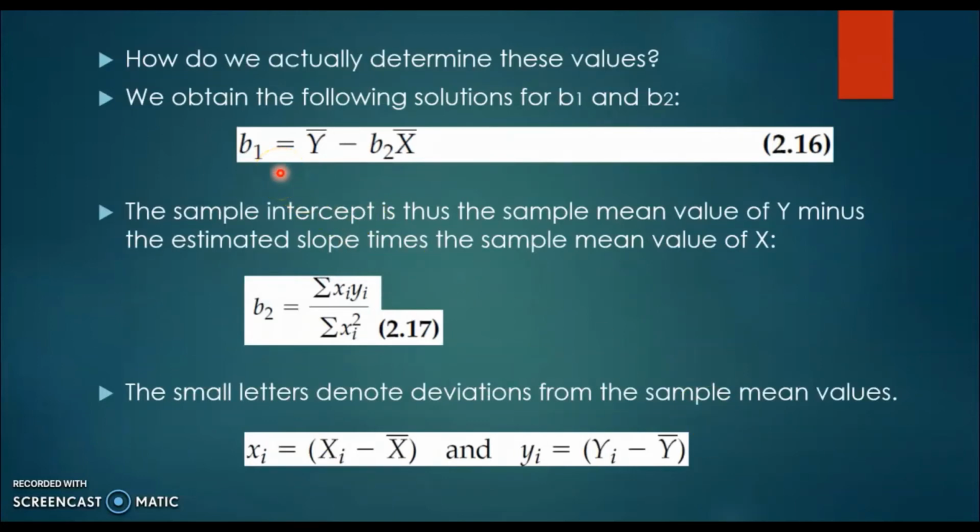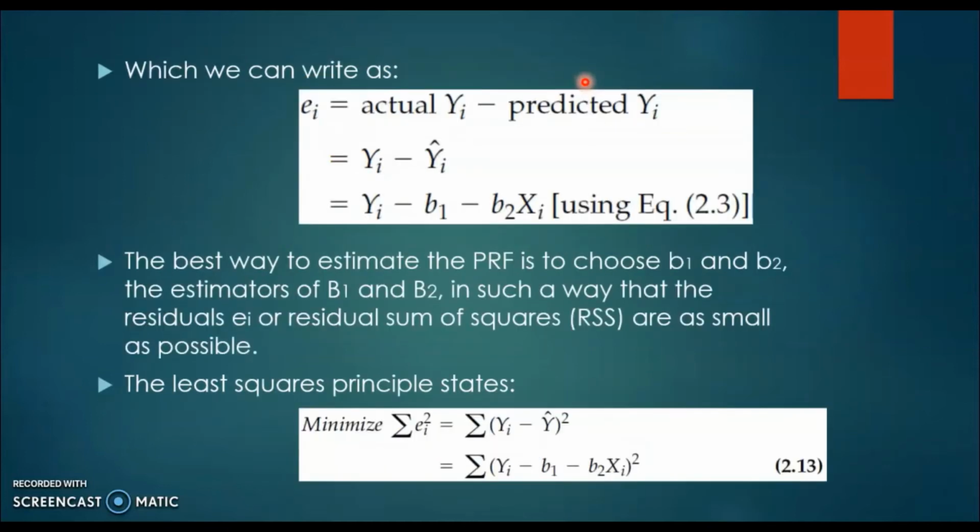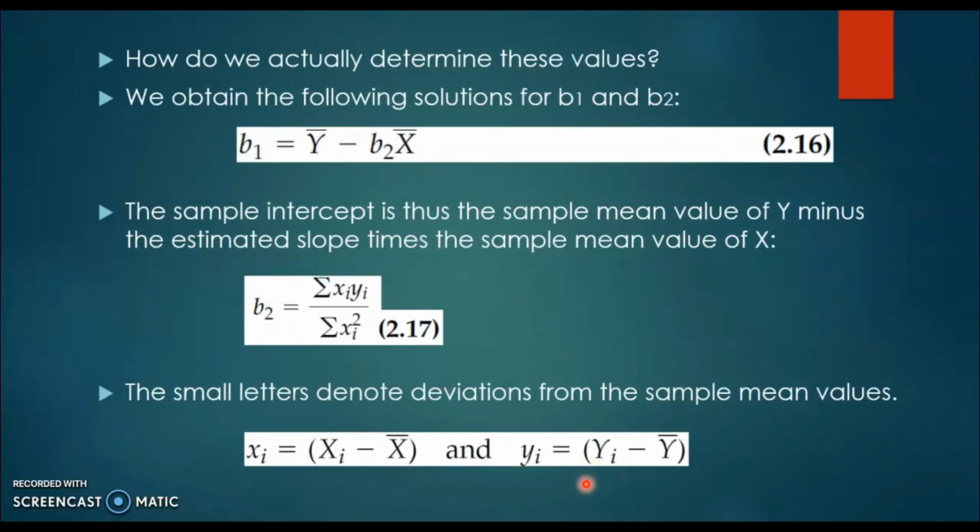So how do we actually determine these values? To be more specific, how do we determine b1 and b2 here? Well, in order to do that, we obtain the following solutions for b1 and b2 by following equations 2.16 and 2.17.